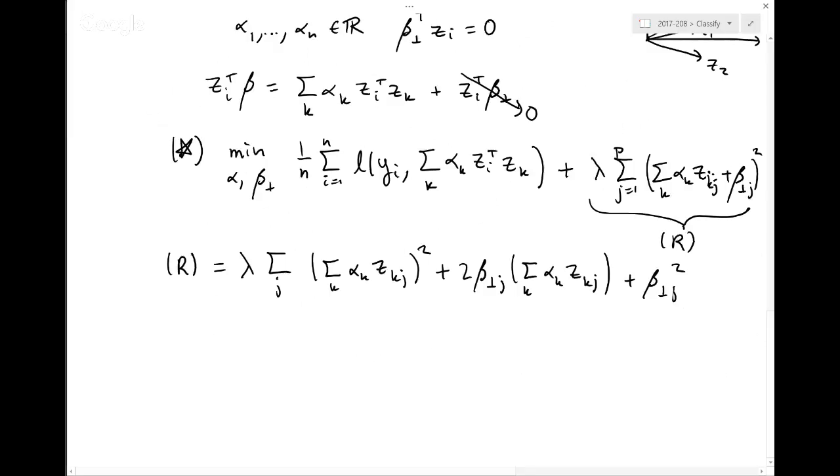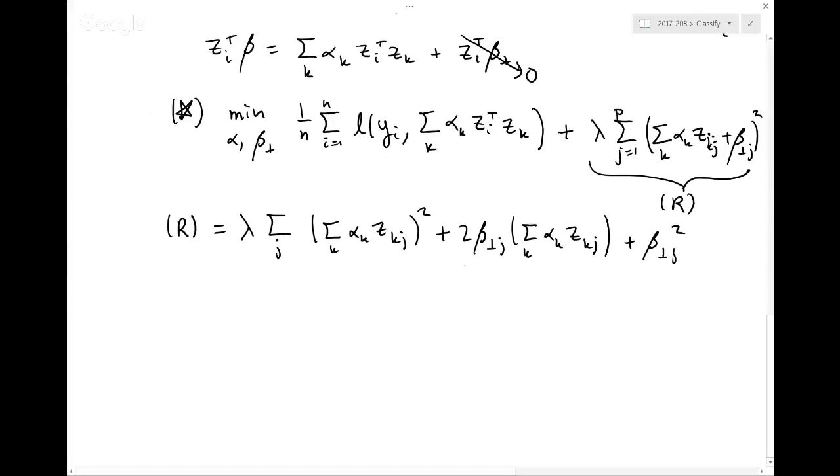Okay. So now let's focus on this term. I'm going to call this C in parentheses, and I'm also going to keep this sum here because this sum over j is important.